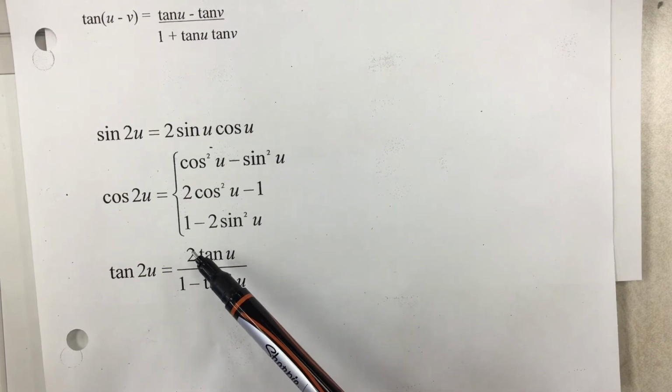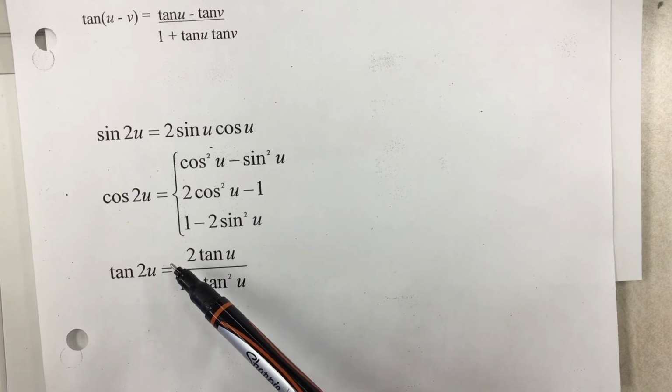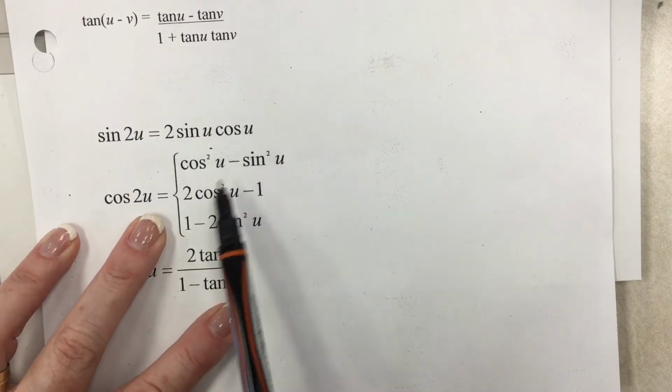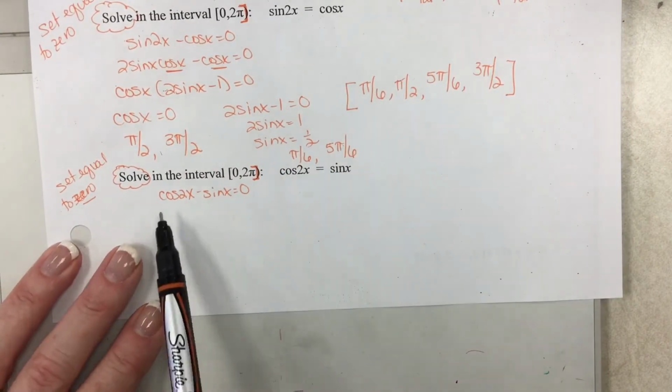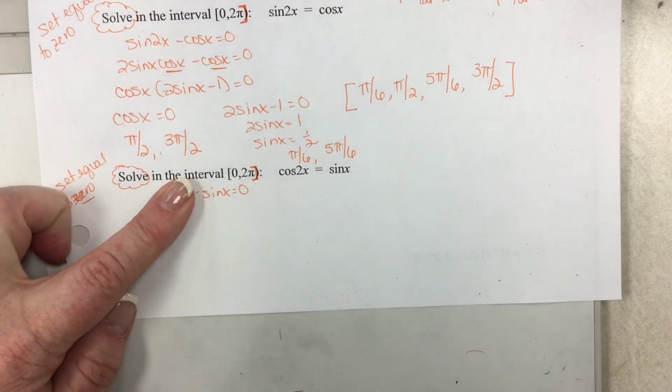I don't mean to tell you what to think, but this is just a good thought process to go through when you have an equation. First thing, when I look at this, I've got cosine as my double angle, so I'm going to ignore that. What is left?